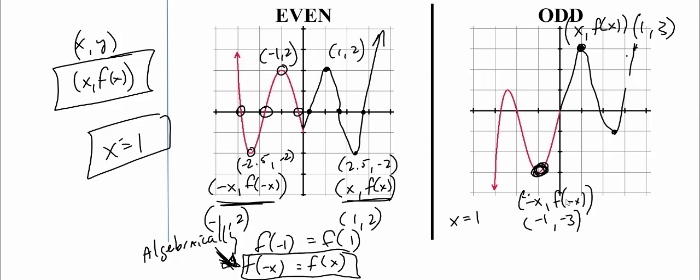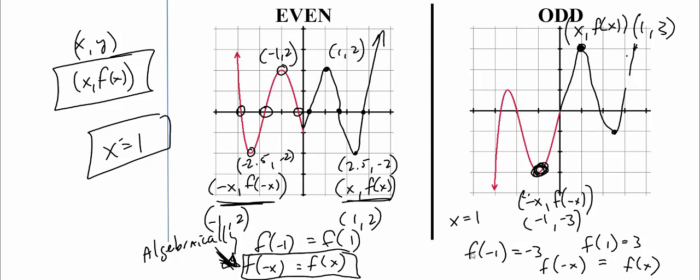So what happens is that since f of -1 equals -3 and f of 1 equals +3, in order to determine that these are odd or rotational symmetry, then the f of -x piece has to equal the negative of f of x.